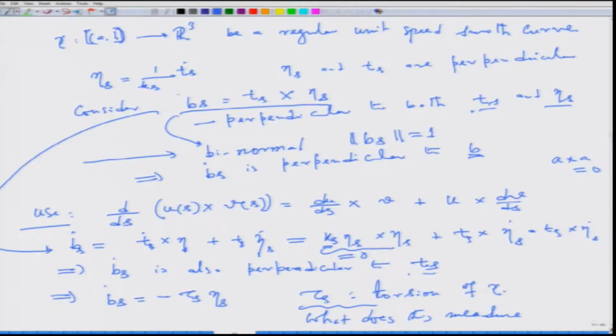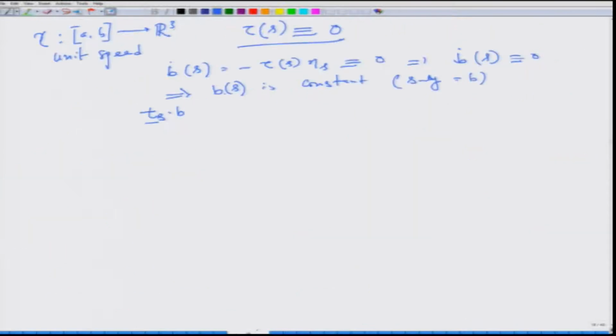Binormal is perpendicular to T s and eta s both, and B s is identically B. So, T s dot B is 0. What does it say? B is a constant.